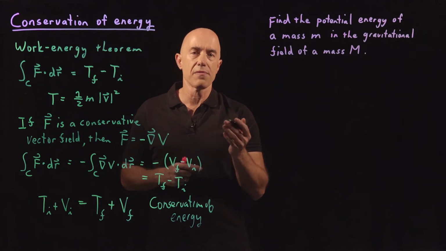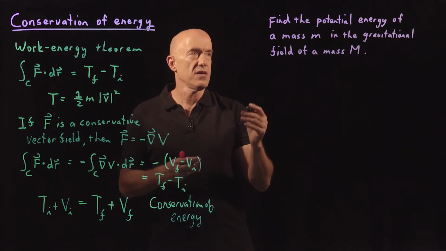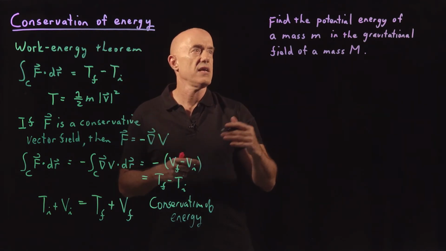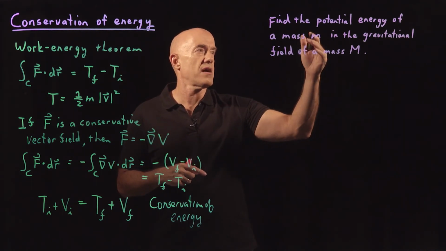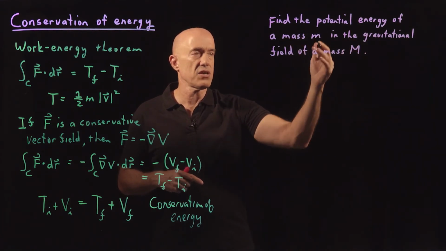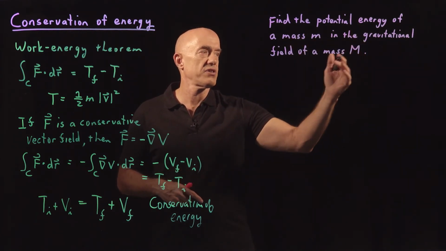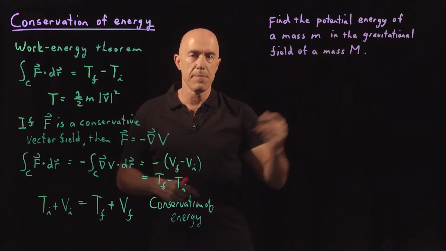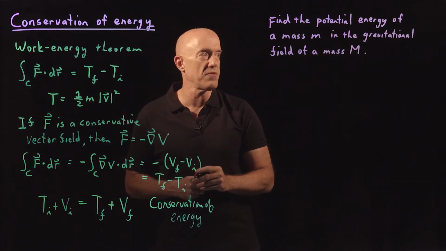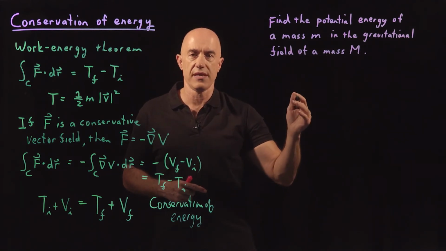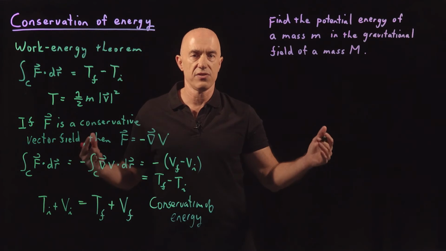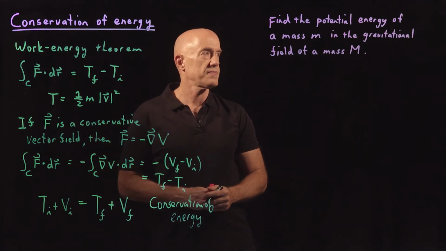So the reading problem has to do with gravity. So what I should do in this video then is show you how to find the potential energy of a mass little m in the gravitational field of a mass big M. Okay? And then you can use that in your reading problem to compute the escape velocity for a mass from the surface of the Earth.